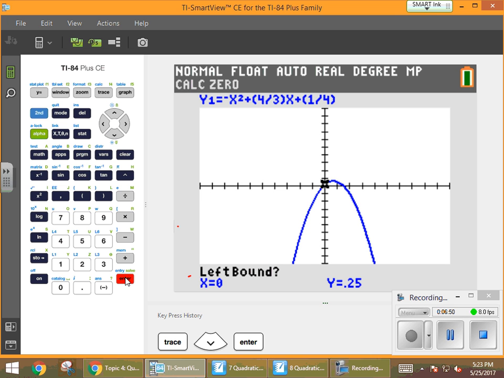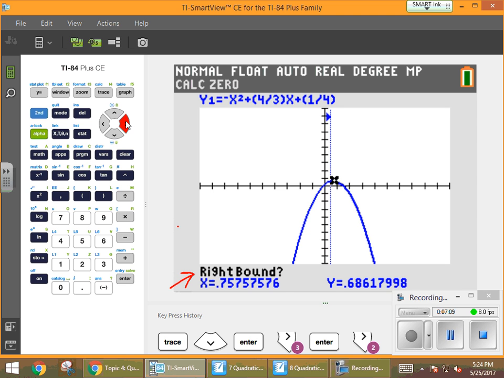You should see a flashing cursor. It says left bound. So I want to take that cursor just to the left of this root. See how I'm to the left of the root here. So I hit enter, and then it says right bound. So I take the cursor to the right of that x-intercept, which is just a little bit below the axis.